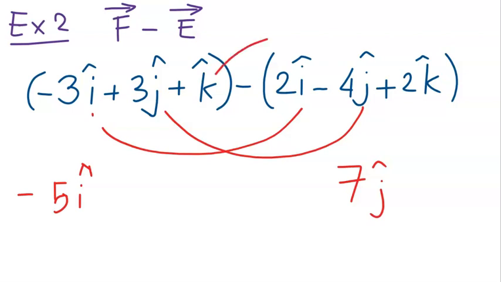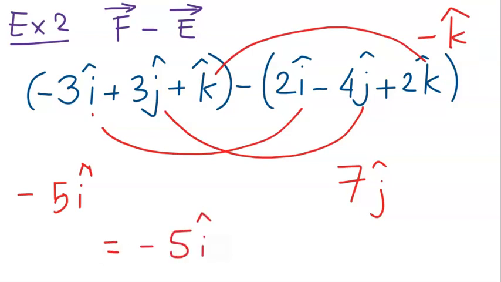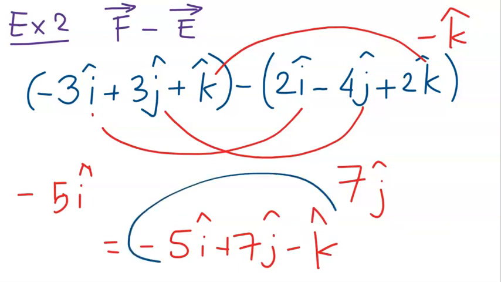And k minus 2k, so that is minus k hat. So meaning the answer is minus 5i hat plus 7j hat minus k hat. So that's the result for the subtraction.